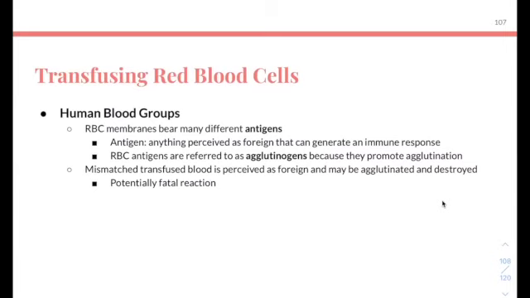So red blood cell antigens are referred to as agglutinogens because they promote agglutination. A mismatched blood or transfused blood is perceived as foreign and may be agglutinated and destroyed. So it could be very fatal.